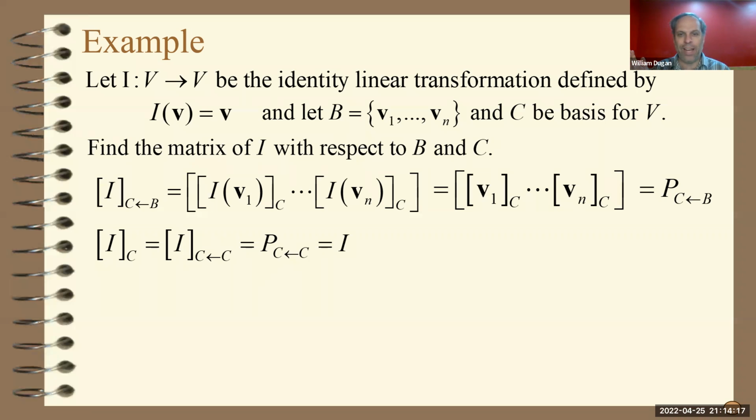So the only mapping that does that is the identity matrix. So the identity transformation relative to only one basis is actually just the identity matrix.